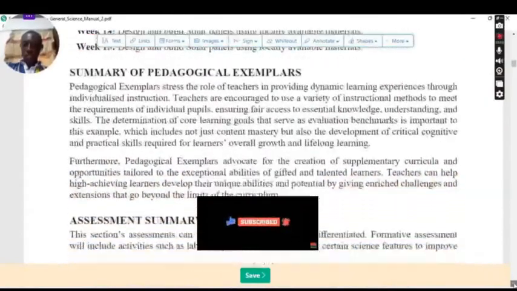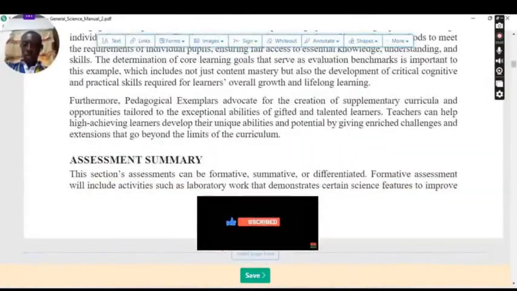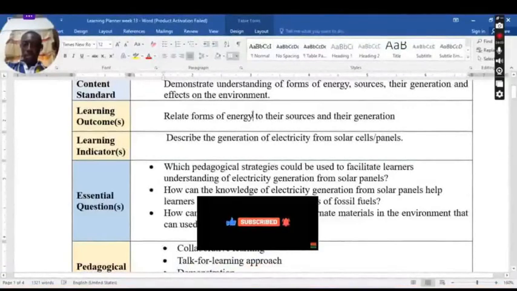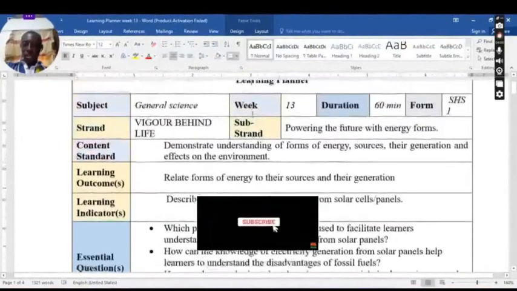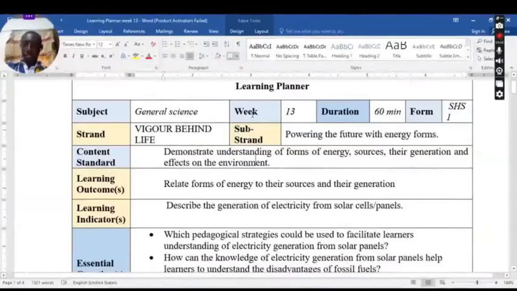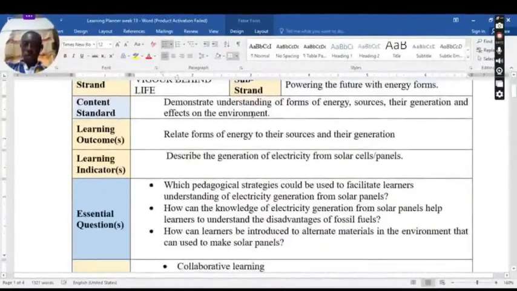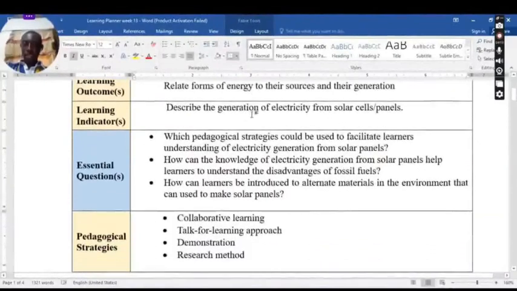I hope it is clear. Alright, now let's go back to our LP, the learning planner. So with that said, these are picked from the teacher manual: strand, content standard, LO, and even the LI.